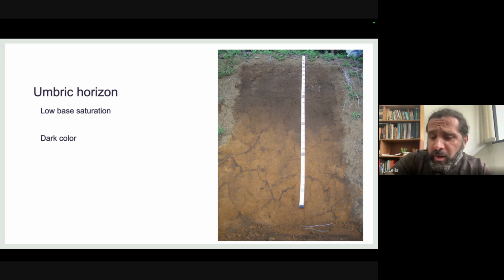So they are quite common in arid and semi-arid climate conditions because these areas have less weathering and less leaching. But in wet zones, in wet areas, we also can find horizons as this one that have dark colors and also a high content of organic carbon.